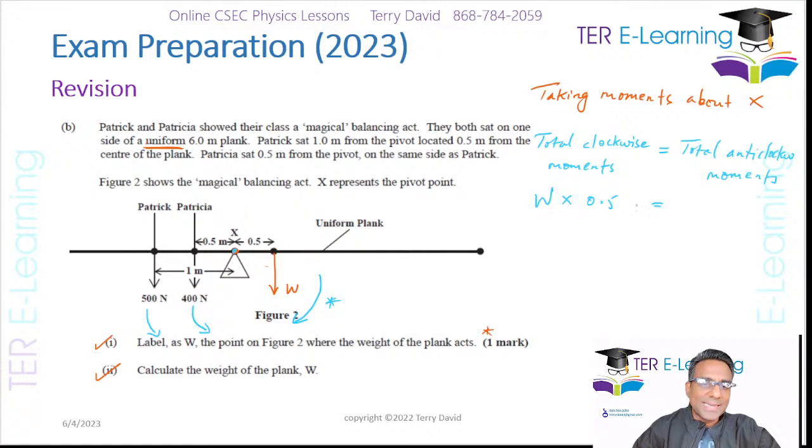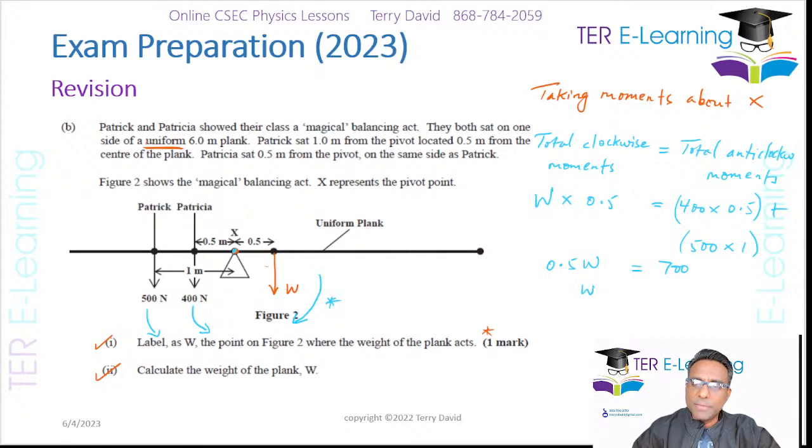In the case of anti-clockwise, you have 2 of them. The first one is 400 multiplied by the distance from the pivot, which is 0.5. Plus, we have a second one, which is the 500 Newton, so this is 500 multiplied by 1 meter. Therefore 0.5 W is equal to 400 by 0.5, which is 200, plus 500, which gives me 700.